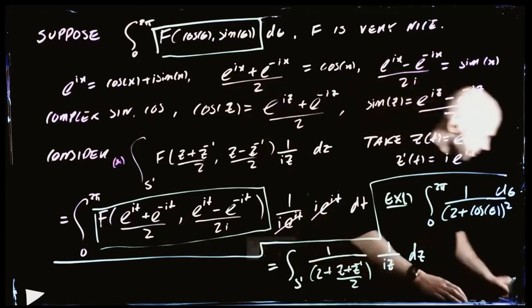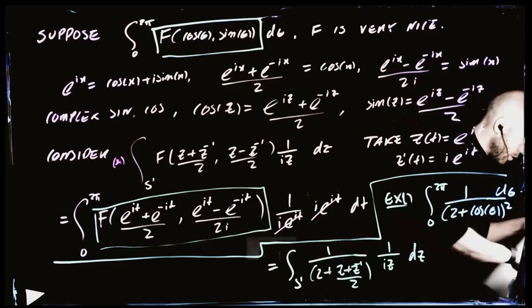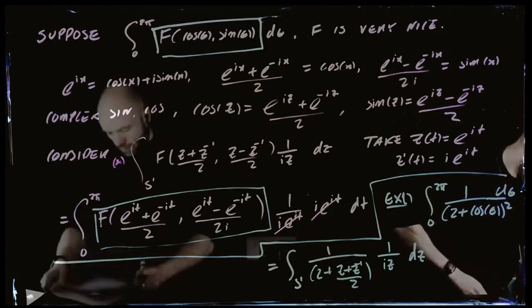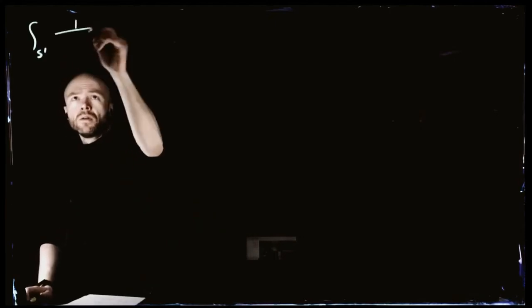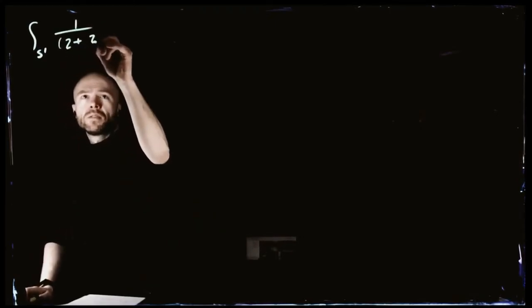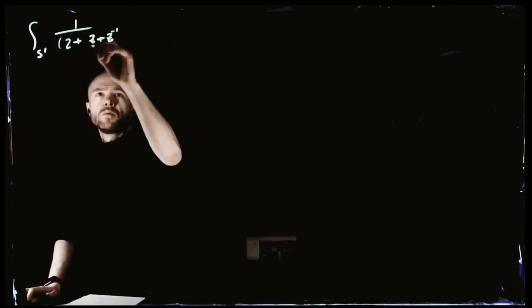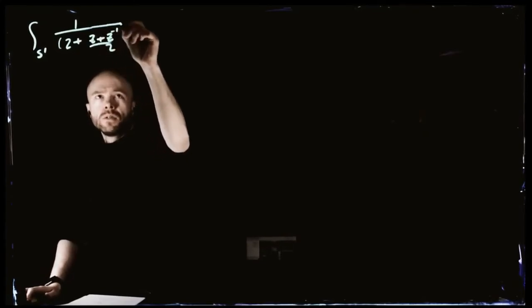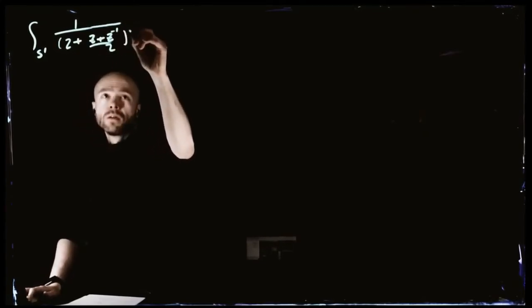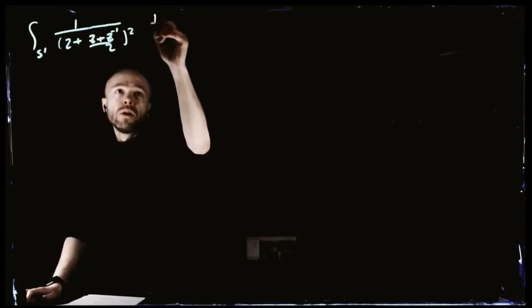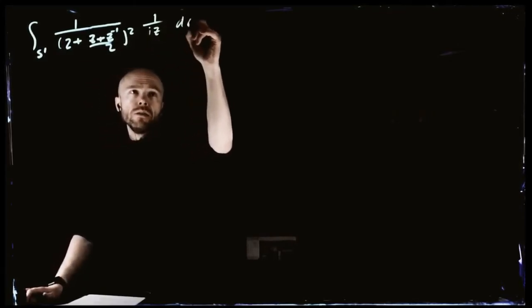So, let me clean the board and then we'll do it. We were doing this, right? We had 1 over (2 plus (z plus z to the minus 1) over 2) squared, and then 1 over iz dz.